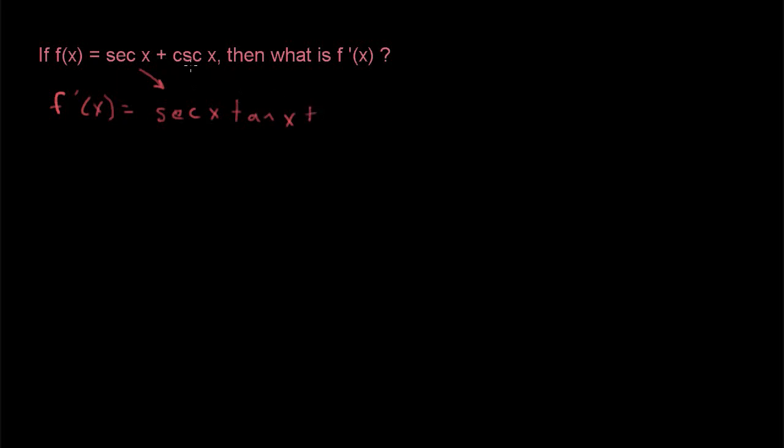So plus, and what's the derivative of cosecant x? Some of you may know this: it's negative cosecant x cotangent x. We have a plus and a negative there, so we can just get rid of the plus sign and have minus cosecant x cotangent x. And we would be done.